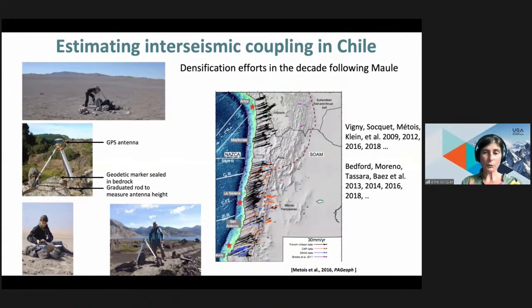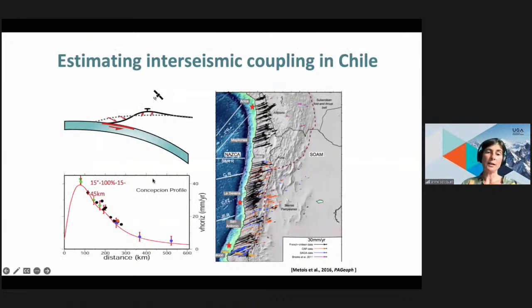Notably, in the frame of the PhD thesis of Marianne Metois, we could obtain an interseismic velocity field in Chile. And using this interseismic velocity field, we can model what happens on the subduction interface.